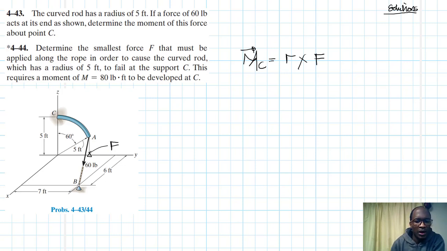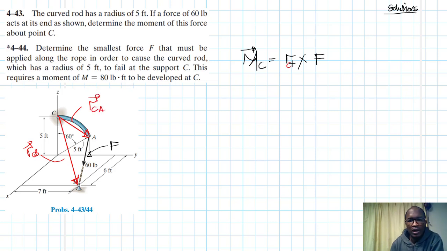And then we have two R's that can give us the same answer. Since we are finding moment about point C, we can use this R, which is the moment arm. We can also use this R. So this is RCB, or this one is RCA.